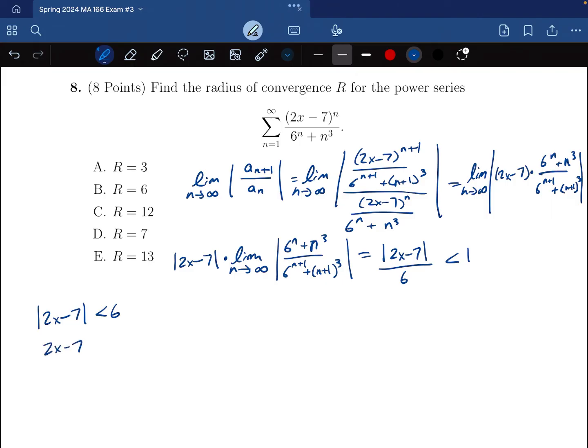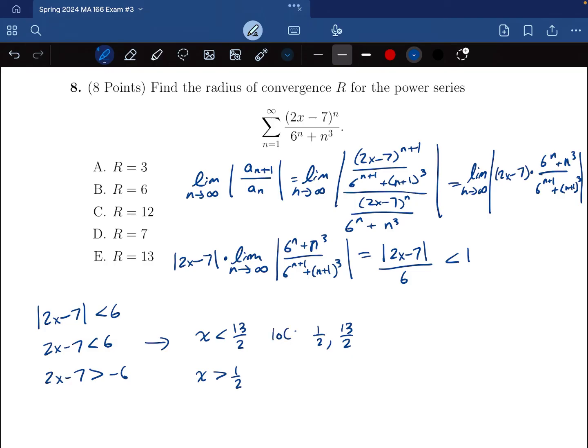So I get 2x minus 7 is less than 6, and 2x minus 7 is greater than negative 6. So I get x is less than 13 halves over here, and x is greater than 1/2 over here, which means that our interval of convergence is from 1/2 to 13 halves.